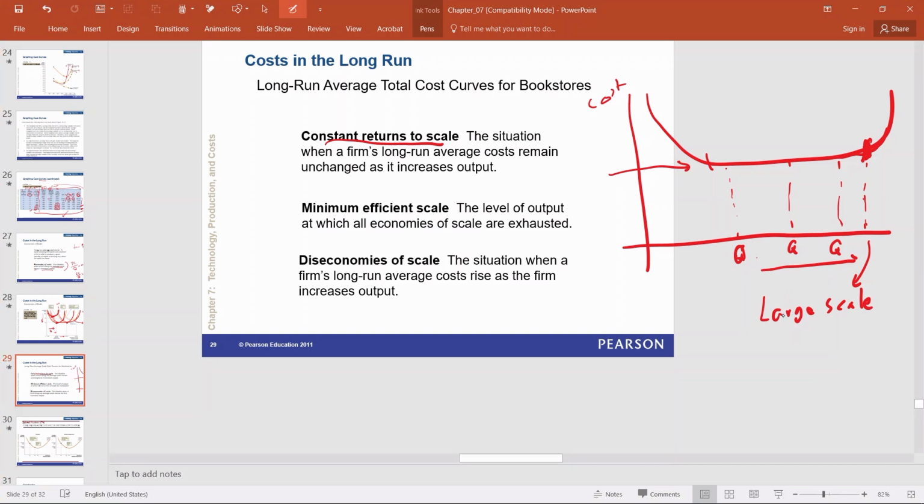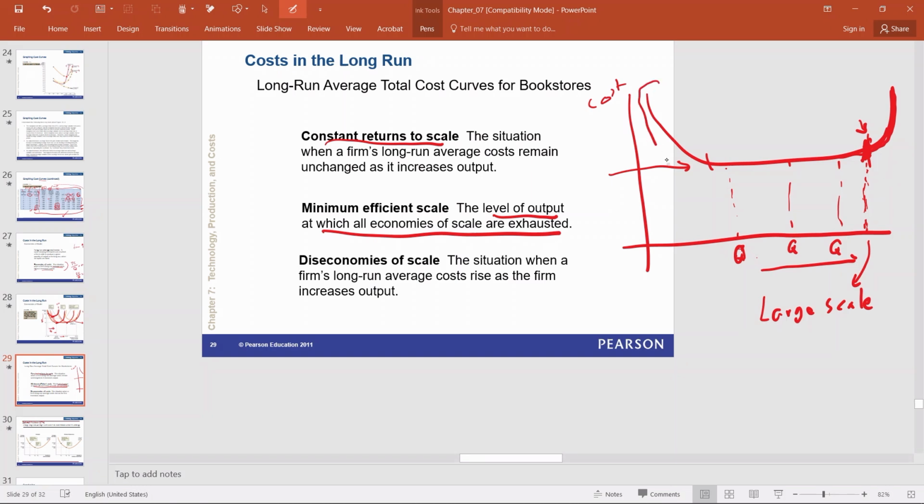It's better for them to increase their Q until just before this level, because at this level all economies are exhausted. That's why it says here the level of output at which economies of scale are exhausted. After this the curve will go up and the minimum cost will increase per unit of production.